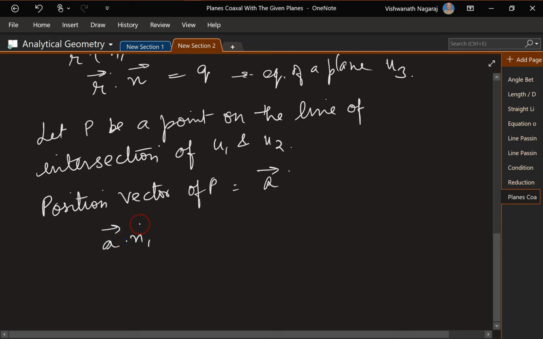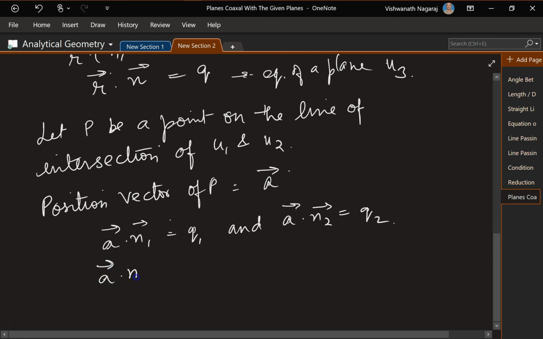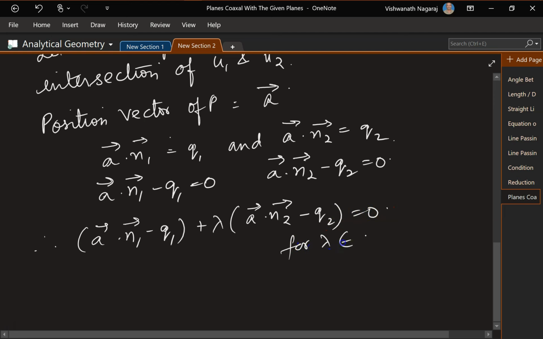Vector A dot n1 equal to q1 and A dot n2 vector equal to q2, and if we rearrange it, we would end up with vector a dot n1 minus q1 plus lambda times vector a dot n2 minus q2 equal to 0 for lambda belonging to real numbers.